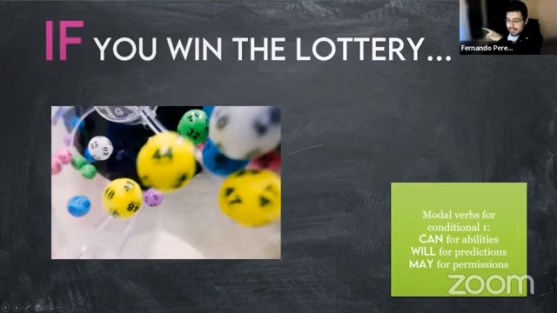Now, everybody gave me very good examples with can, very good examples with will. And what happens to may? Nobody used may. Give me an example with may. Remember, it's for permission. So I start.